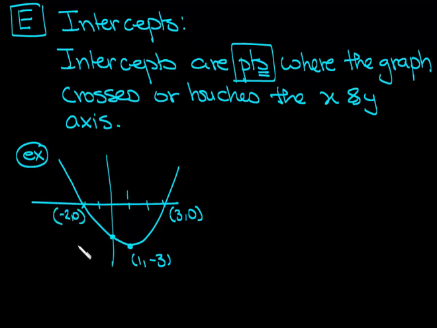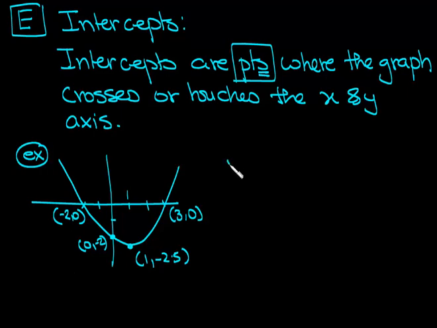This point here is, let's do this, 1 and -2.5. So this is 0 and -2.